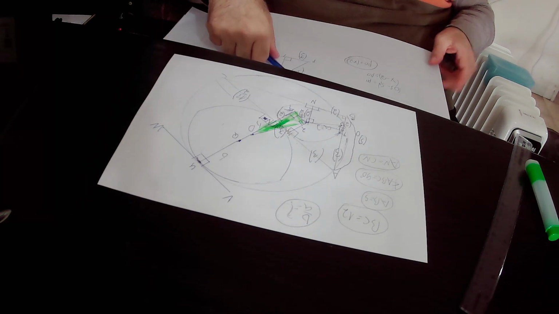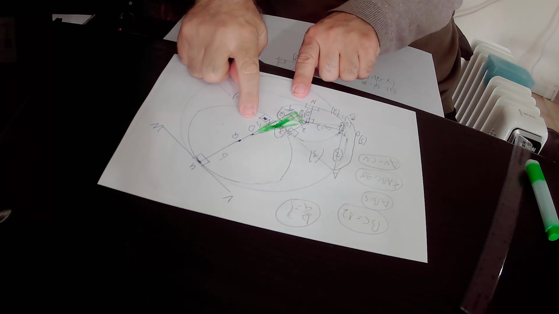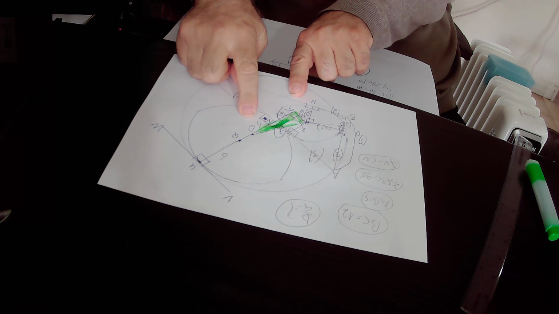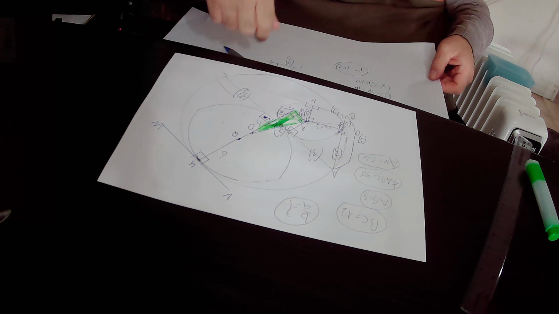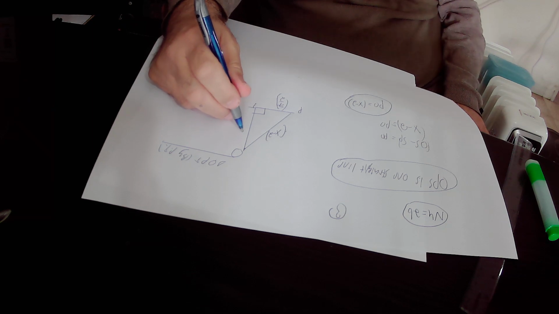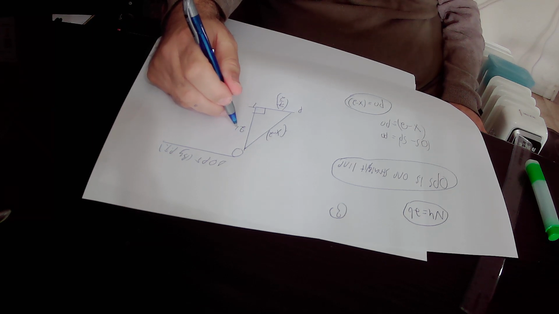What is the length of side OT? On the drawing, it's very easy to see that OT equals TN plus NO. That is to say, OT equals TN, that is 2, plus NO, that is h. In total, TO equals 2 plus h.